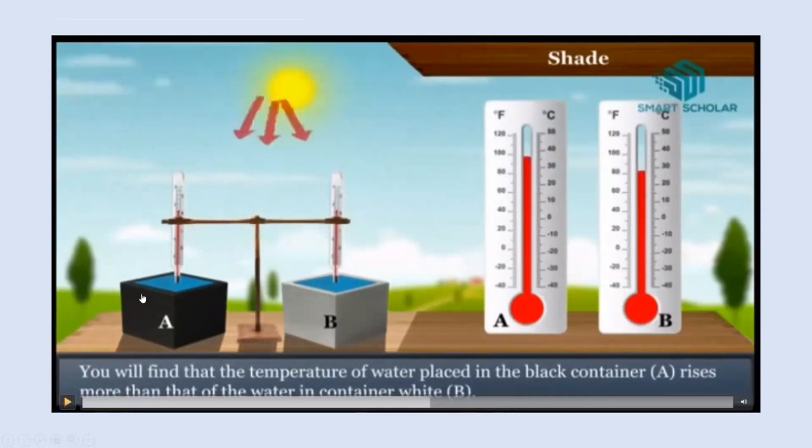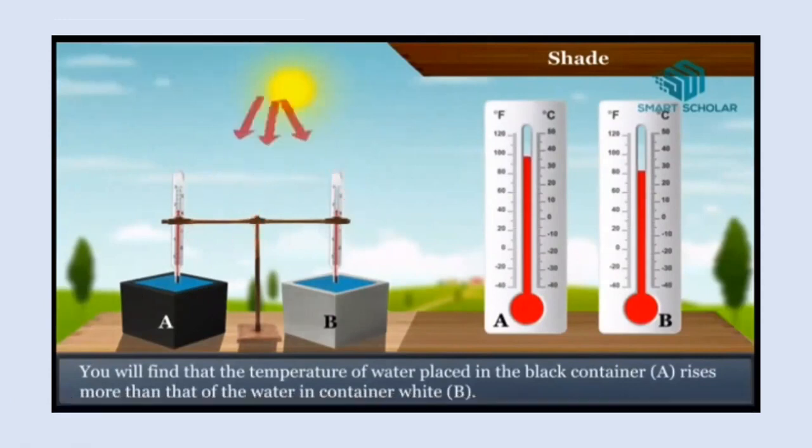That was so amazing. See, both the containers are the same and we have kept the same amount of water at the same temperature. And we just have painted with a black color and white color and we keep this under the sun. But the water in the black container becomes hotter than the white container.